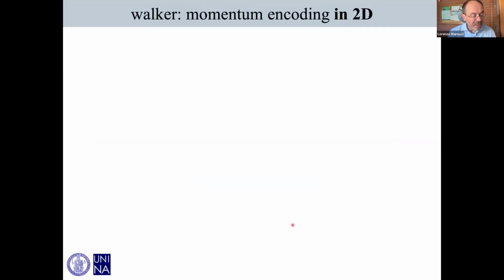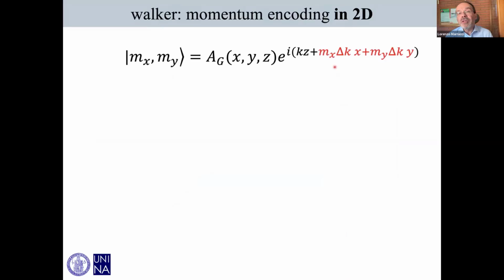Another big advantage of this momentum encoding relative to orbital angular momentum encoding is that this is naturally 2D, because you can of course add an integer multiple of delta k along x, but you can also add an integer multiple of delta k along y. And you still have slightly tilted plane waves traveling essentially along z until you separate them by a lens.